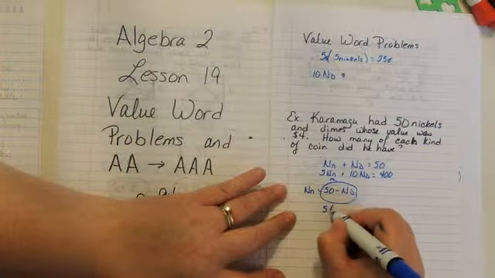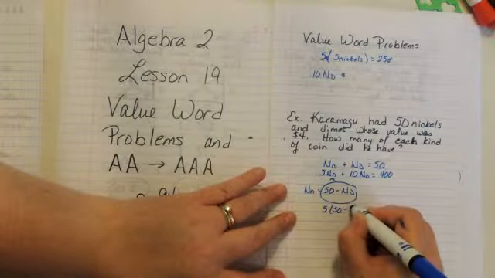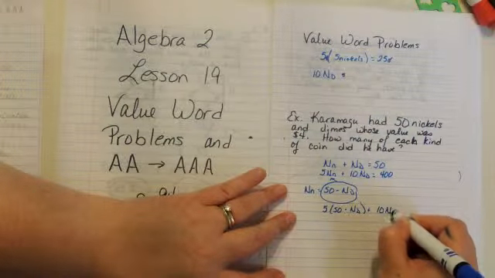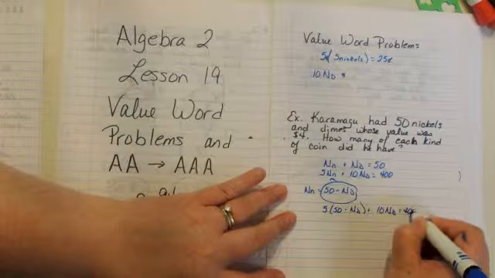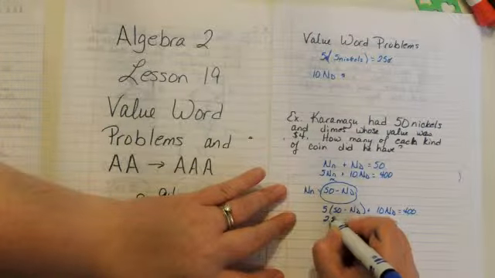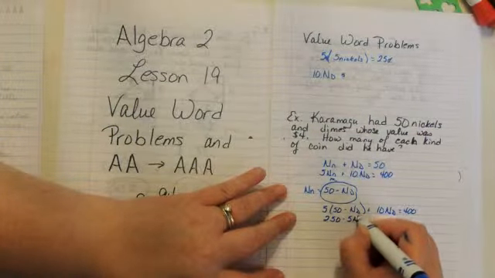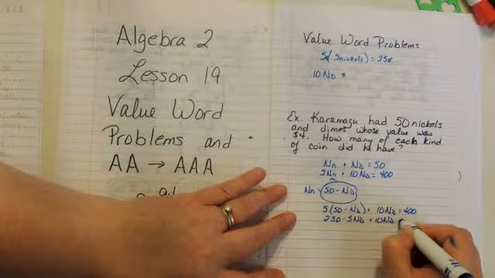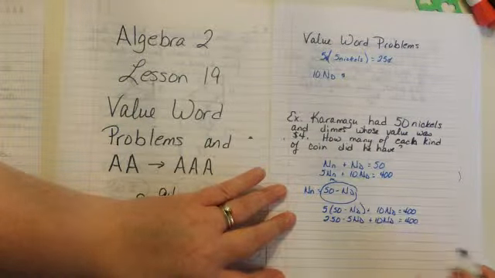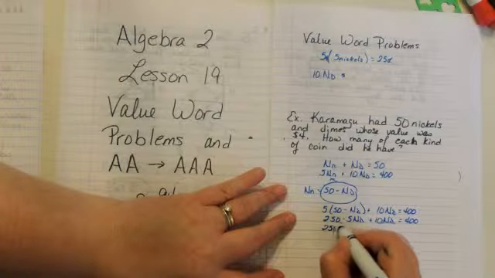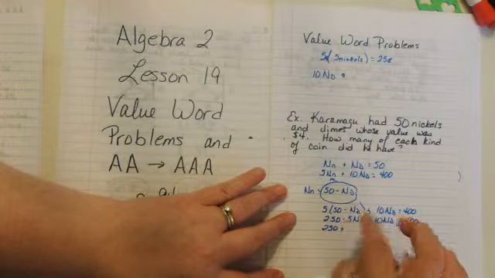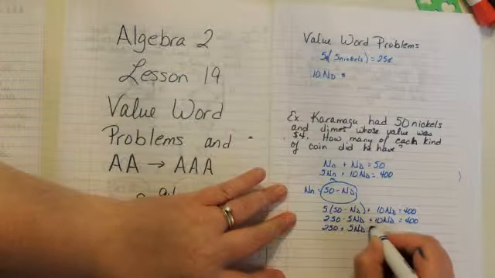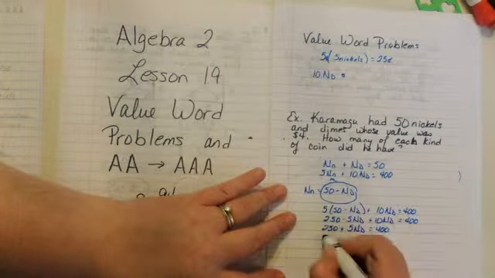So we have 5 times 50 minus the number of dimes plus 10 times the number of dimes equals 400. 250 minus 5 times the number of dimes plus 10 times the number of dimes equals 400. 250 plus 10 minus 5 is 5, so 5 times the number of dimes equals 400.